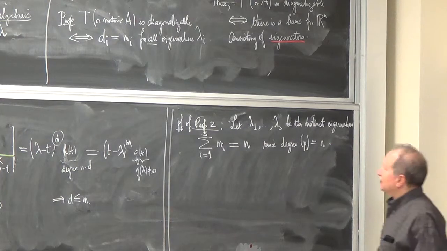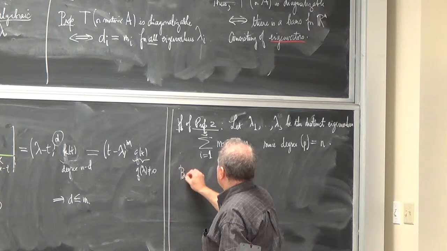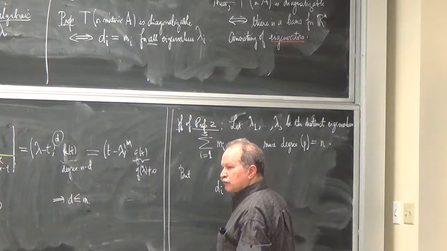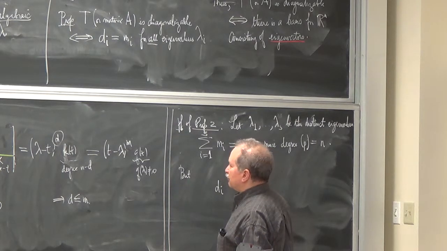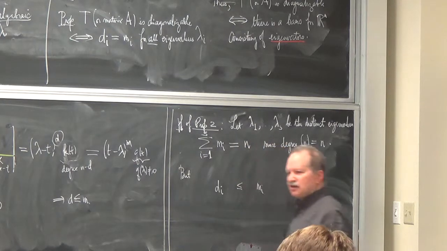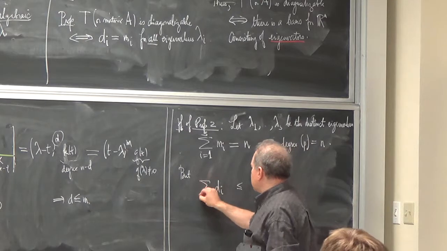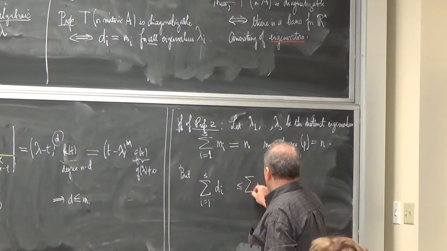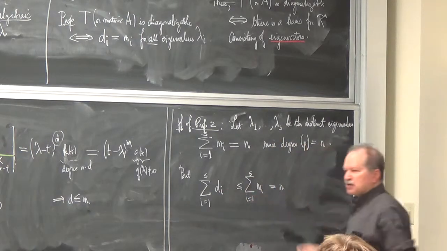All right. Now what do we know about each d? We just proved it. Each d is at most its corresponding m. So if I add up all the d's, the sum of all the d's is at most n.